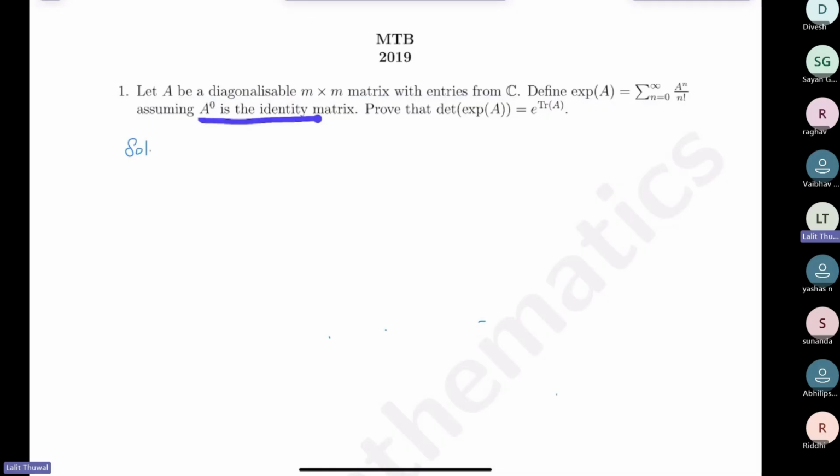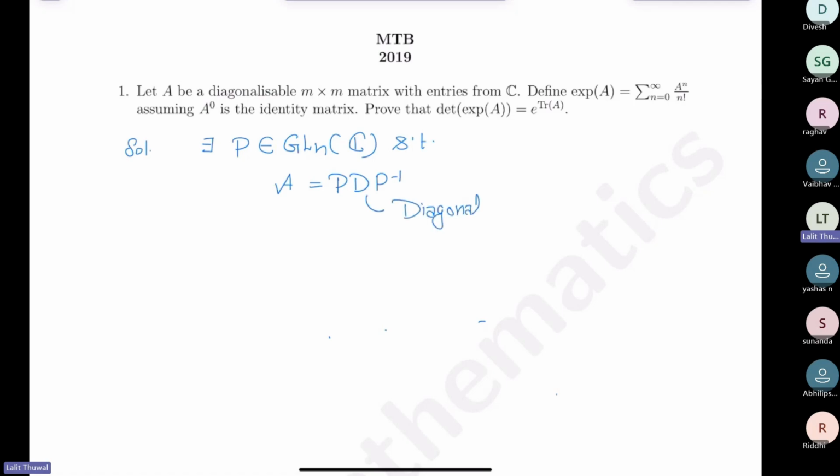Assuming that A0 is the identity matrix, prove that the determinant of this matrix is e to the power trace A. So there exists a P in GL_m(C) such that A is equal to PDP inverse, D diagonal. Diagonal matrix, so its diagonal elements will be eigenvalues of A, okay?